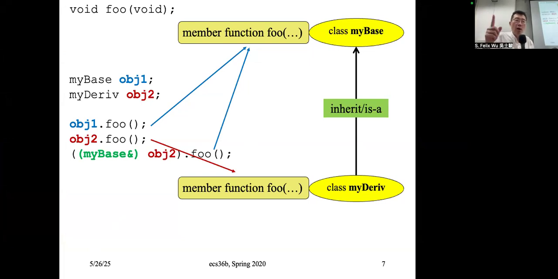Therefore, it will call the function foo in my base. So in the regular member function, it depends on the type after you do the casting. By the way, I should say, the data type at the time you make the call determines which version of the member function you're going to run.